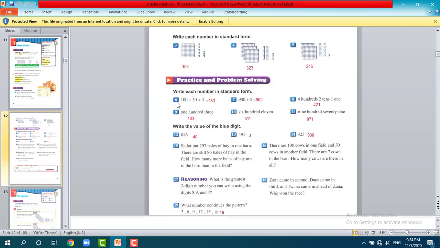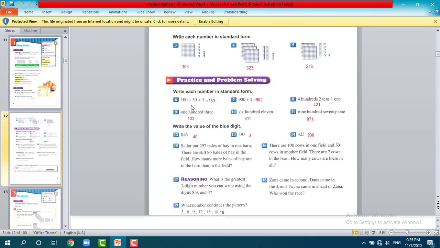Now students, in equation 6, as you can see, it says 100 plus 50 plus 3. We add ones with ones, tens with tens, and hundreds with hundreds.